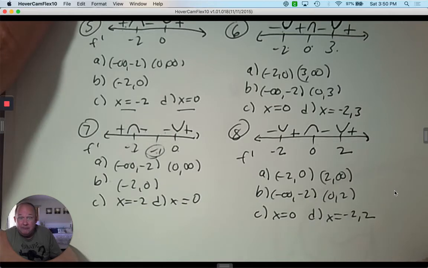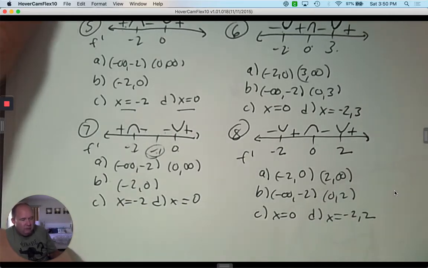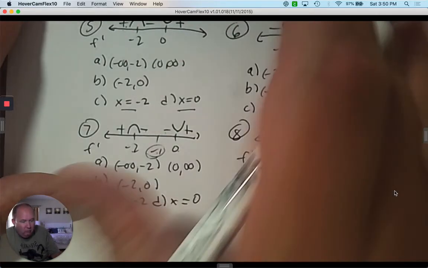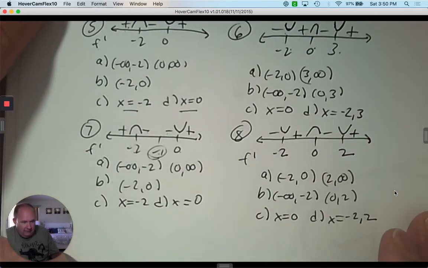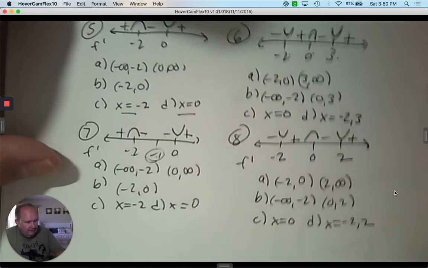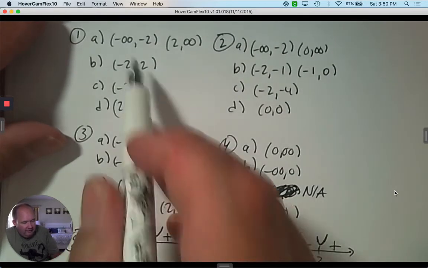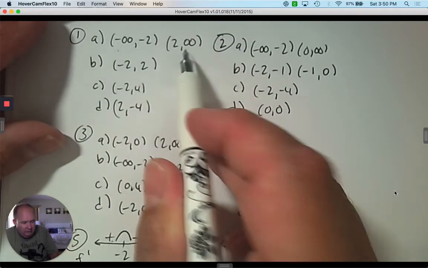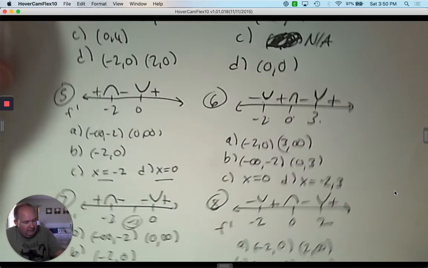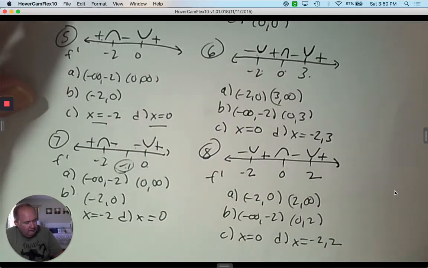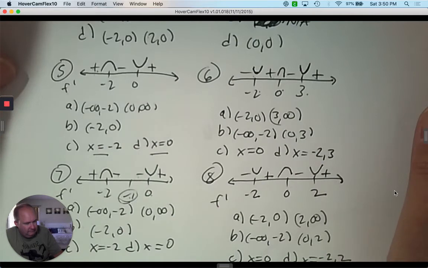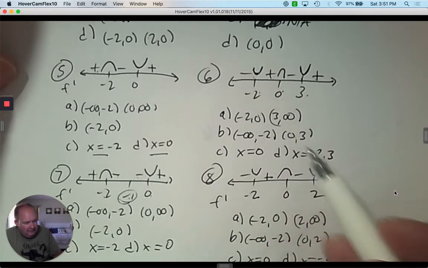Those are the minimums. Now, the next question is, which one matches with which one when I look at 1 through 4 and 7 through 8? So, let's look. Which ones could match? Negative infinity to negative 2 and 2 to infinity. Do any of these match?